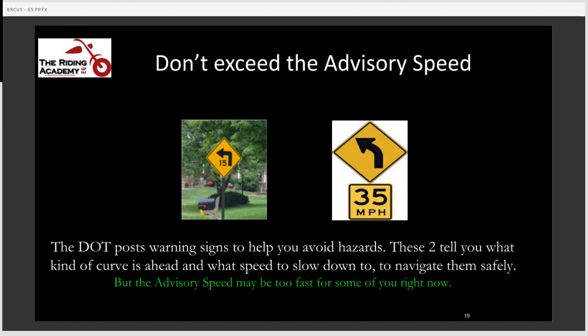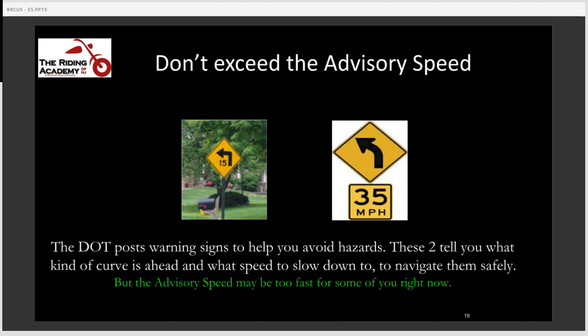Maybe. Here we have two signs. Let's talk about the one on the right here. There are actually two signs here. The top one is a warning sign. The Department of Transportation is warning you that there's a curve coming up to the left, so you can be prepared. The bottom one is an advisory speed sign. The Department of Transportation is advising you to slow down to 35 miles per hour so you can navigate this turn safely.